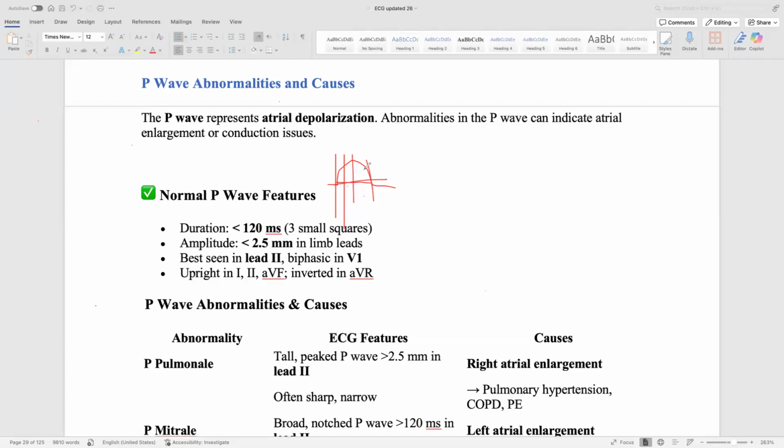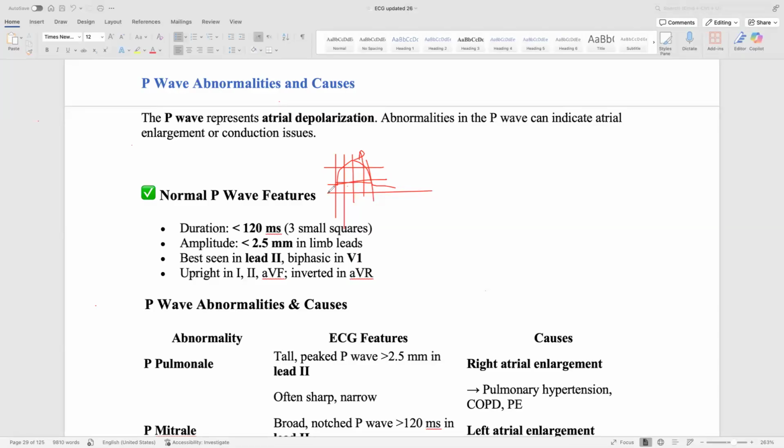The amplitude should be 2.5 mm in the limb leads. The best one is lead 2. It is best seen in lead 2, where the electricity is going the same way.